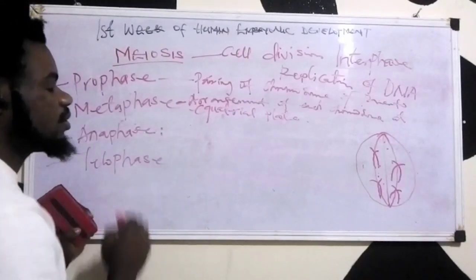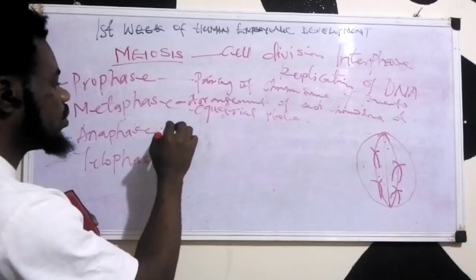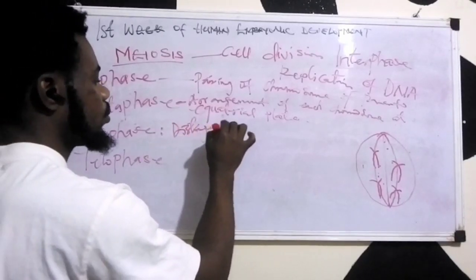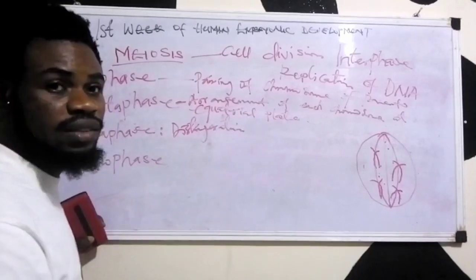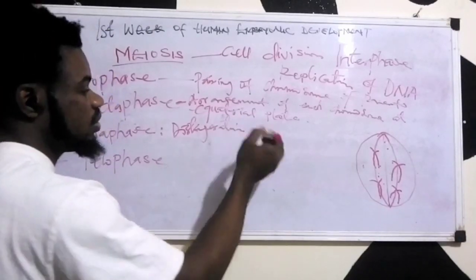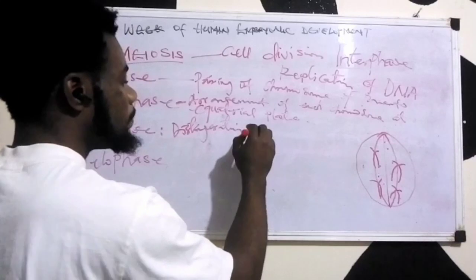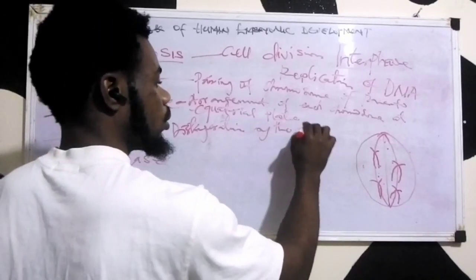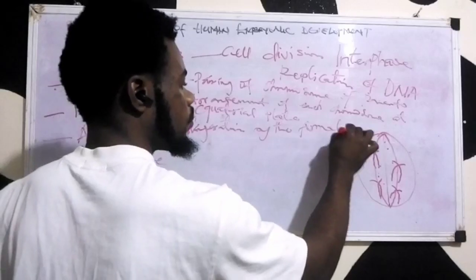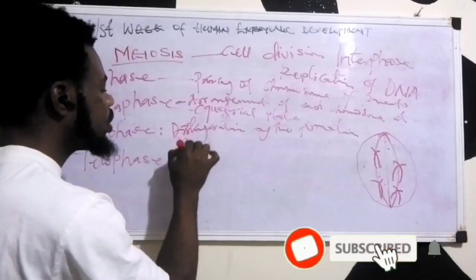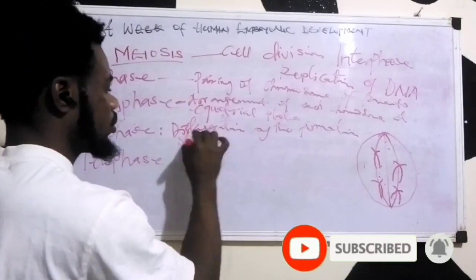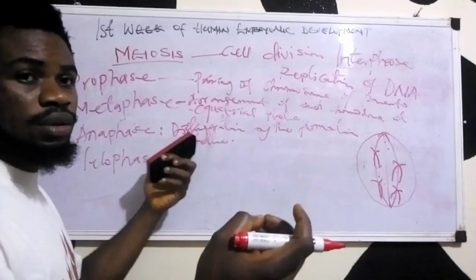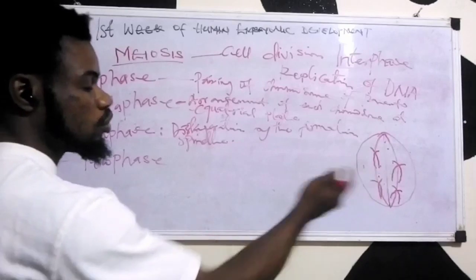Now, at anaphase, they separate, by the formation of spindle. It is this spindle that separates the chromosomes.